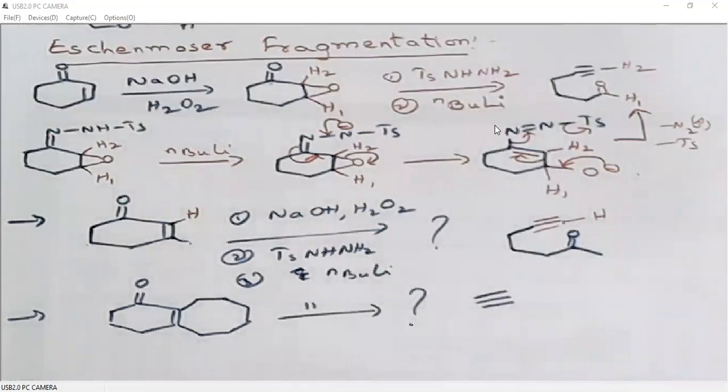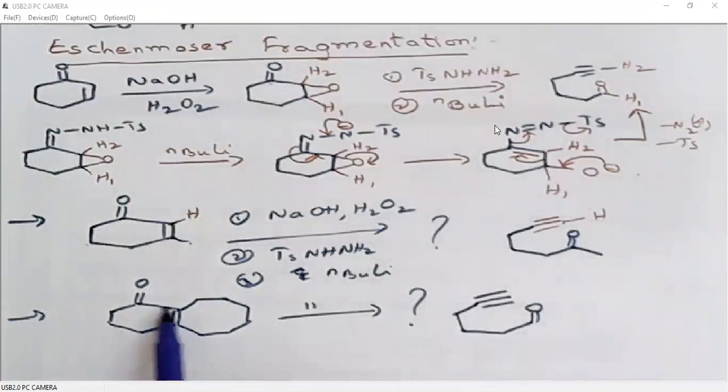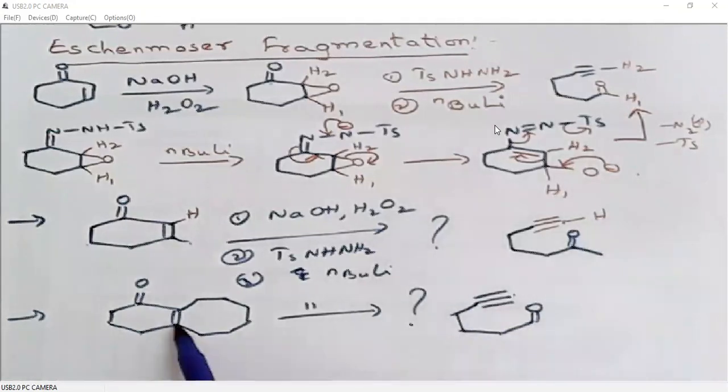So just put the triple bond first, then count the number of carbons. So this is 1, 2, 3, 4, 5, sixth carbon is the carbonyl. Then the other side, 1, 2, 3, 4, 5, 6. Sixth carbon is the carbonyl.